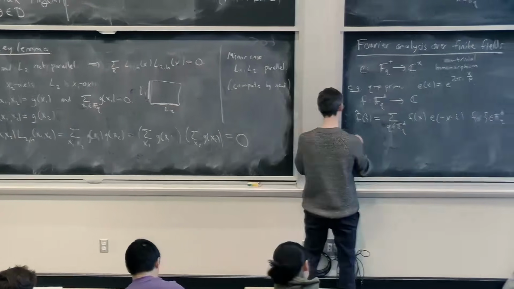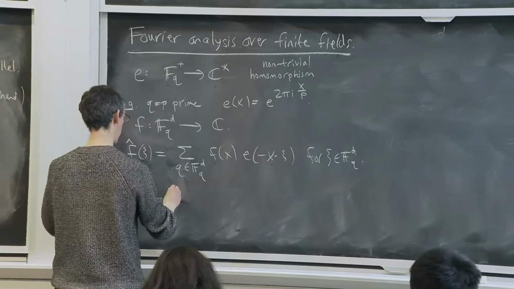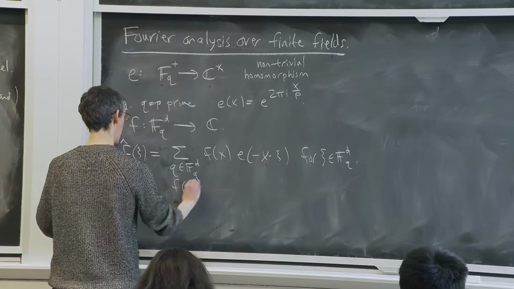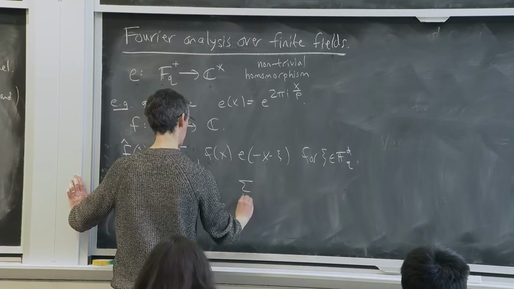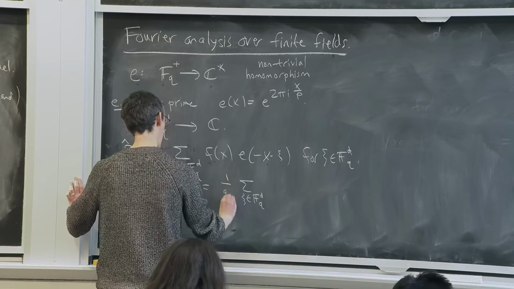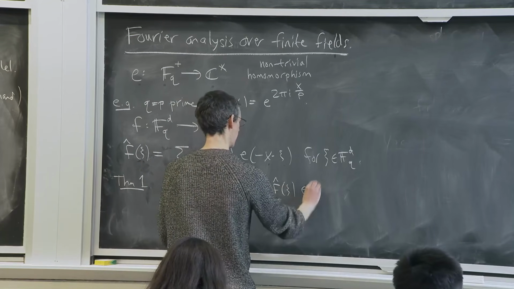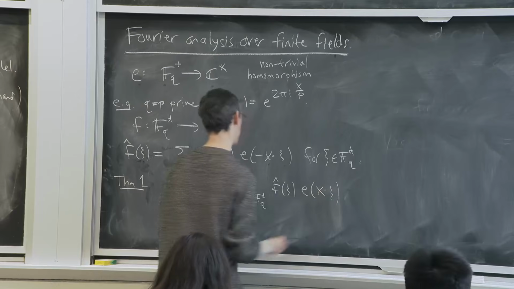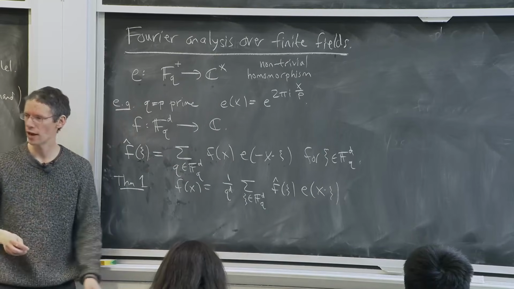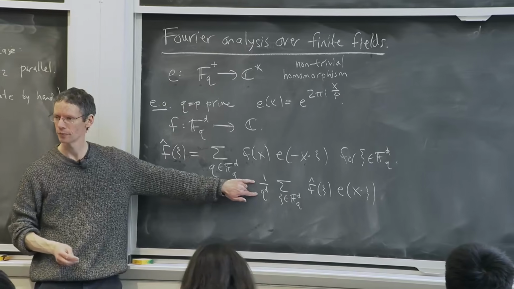And in the finite field setting, they work out in the following way. So theorem 1, Fourier inversion. F of x is the sum over xi in FQ to the d, and here we need to take an average, f hat of xi e of x dot xi. So it looks like Fourier inversion in Euclidean space, although there's this average here.